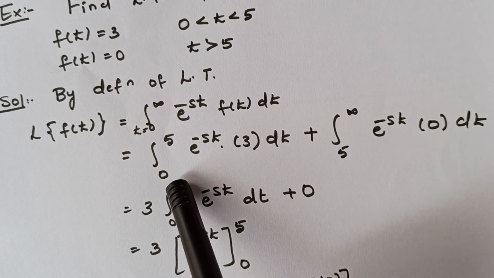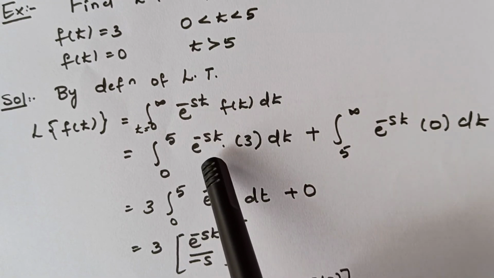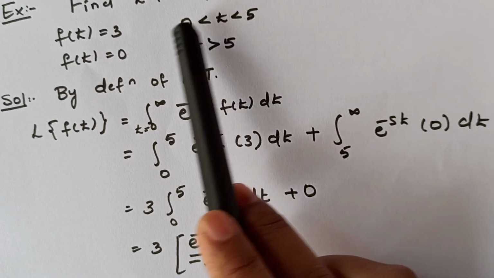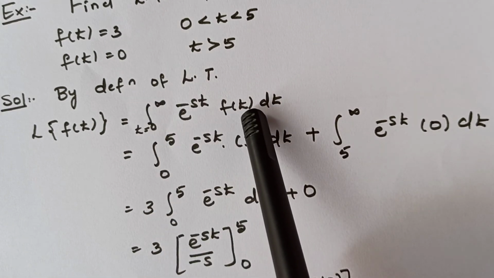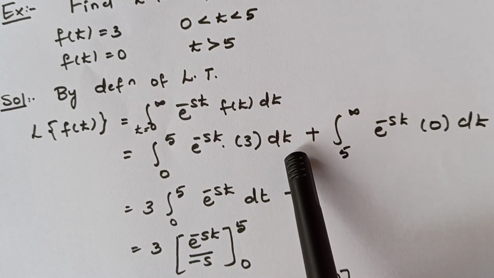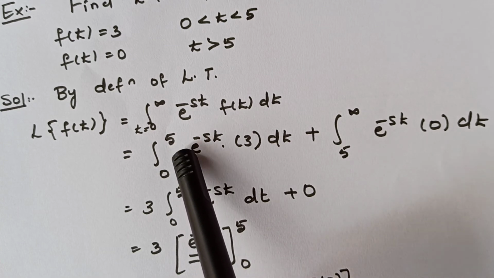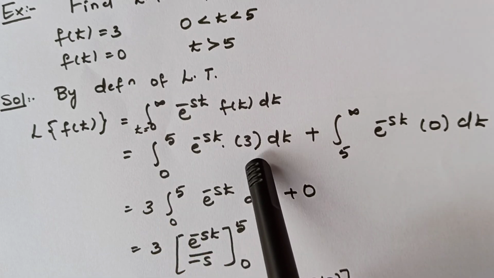Here 0 to 5 is the first interval, t varies from 0 to 5, e power of minus st will be as it is, and in this interval what is f of t? It is 3. So I am going to substitute f of t as 3 into dt, because when t varies from 0 to 5, f of t is defined as the constant 3.